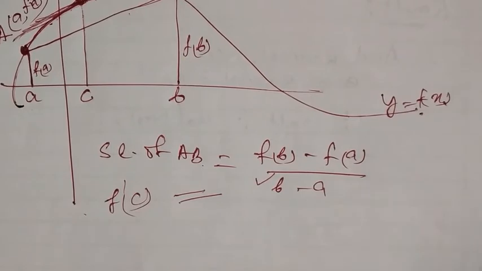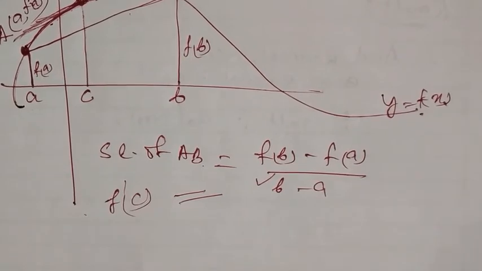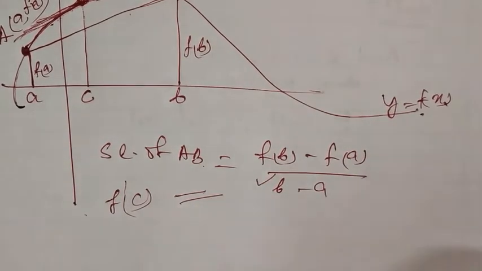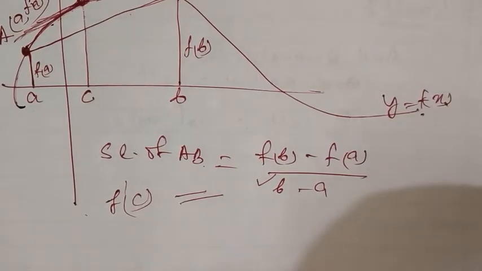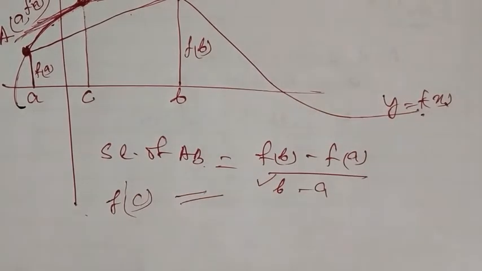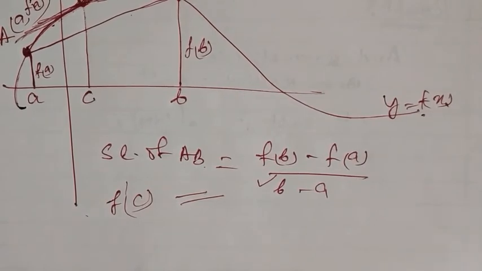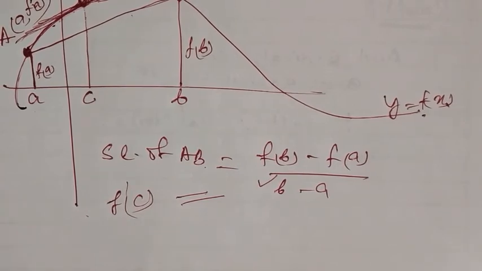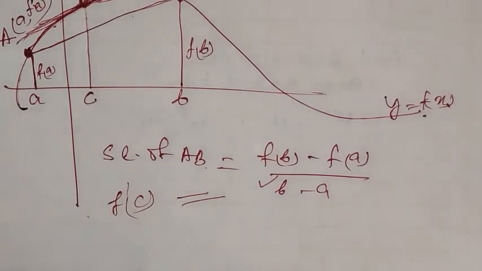You will have to remember the statements of both the theorems. Okay? Now, let us take one example on mean value theorem. Let us take your book's question. I think that will be better.